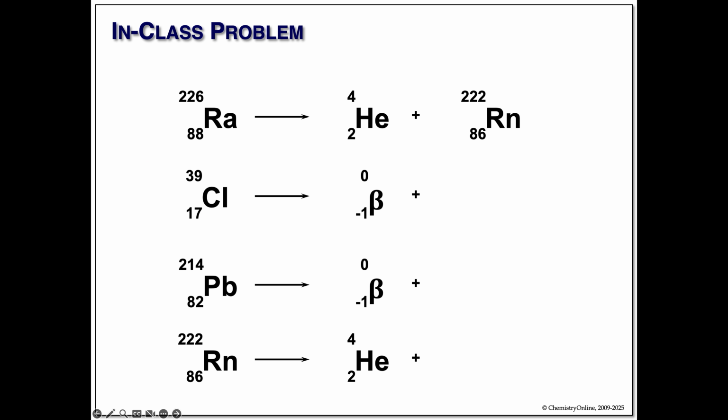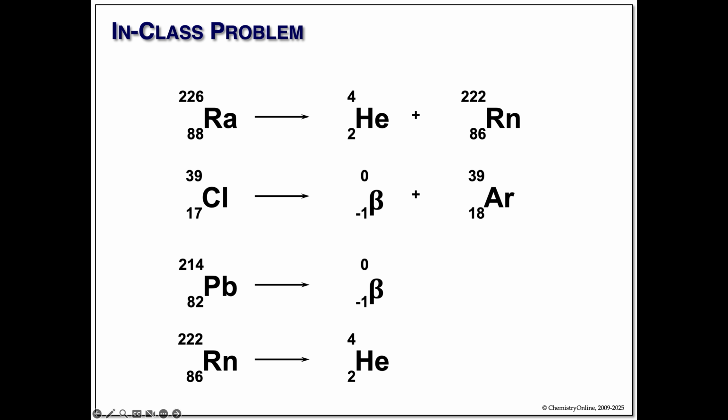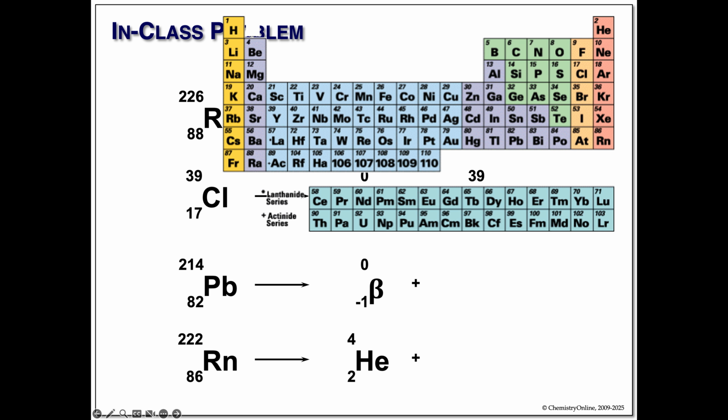Chlorine-39 loses a beta particle. When it does, the atomic number will increase from 17 to 18. 18 is argon. The mass number will not change, so it's argon-39. Lead-214 can lose a beta particle. Atomic number goes from 82 to 83. 83 is bismuth.